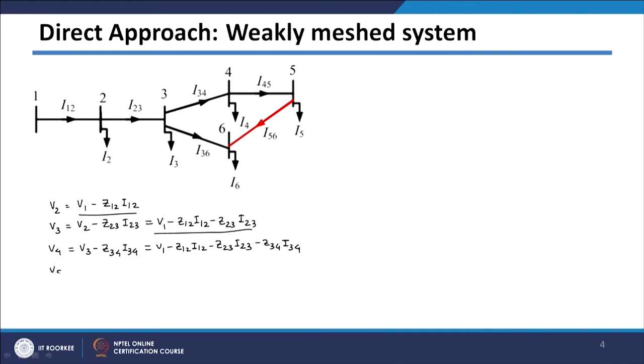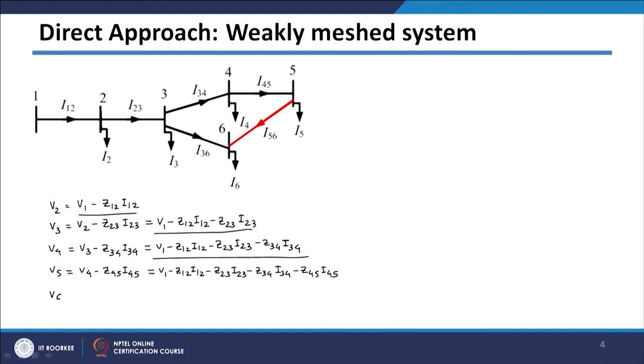Then V5 will be equal to V4 minus Z45 into I45. V4 we already got, so it will be V1 minus Z12 I12 minus Z23 I23 minus Z34 I34 minus Z45 I45. Then only node 6 is remaining.